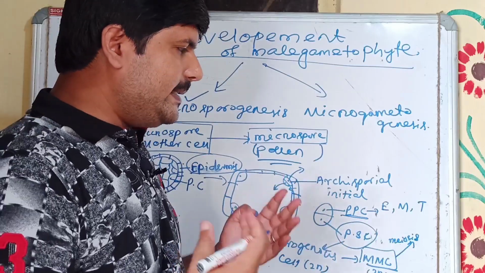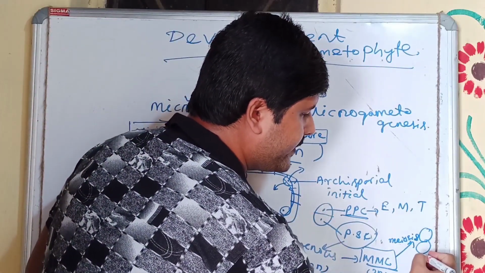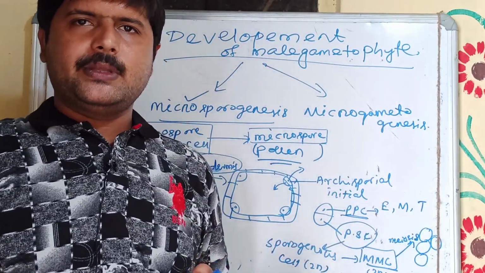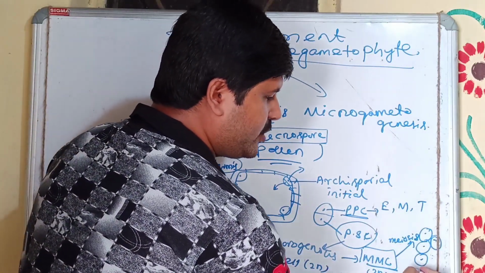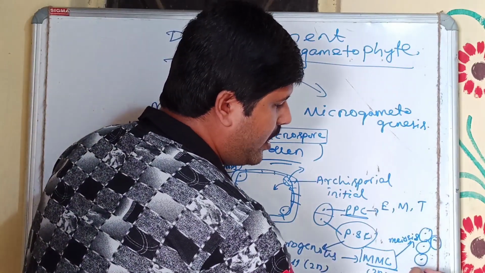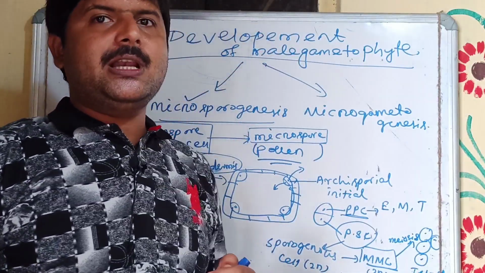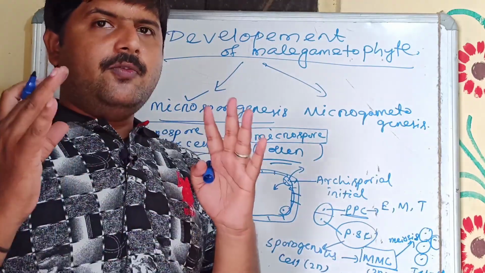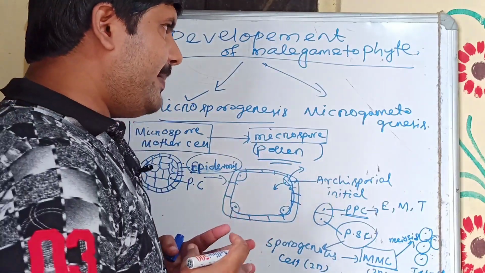This meiosis results in 4 haploid microspores. These microspores occur in the form of a tetrad. So how are microspores formed? In the form of a tetrad. It means 4 cells are aggregated together, and for this aggregation a chemical is required.